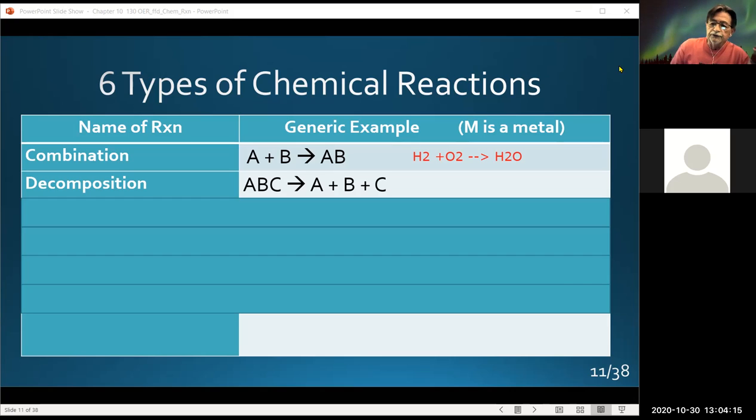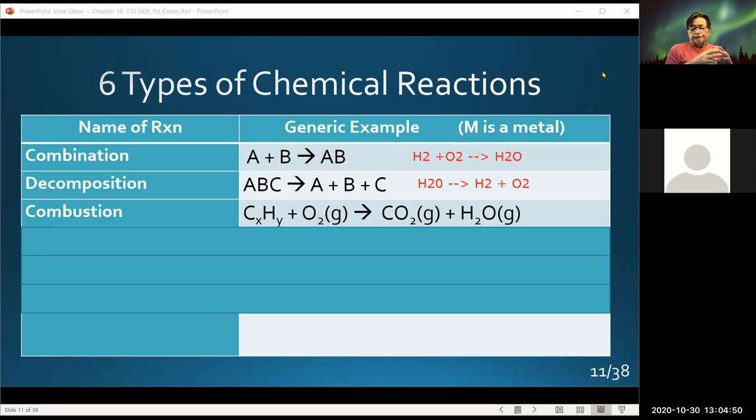An example is the opposite of the example we just did, called the electrolysis of water, where you can take water and hit it with some electricity and break it back down into the elements hydrogen and oxygen. So a decomposition reaction is basically the opposite of a combination reaction.